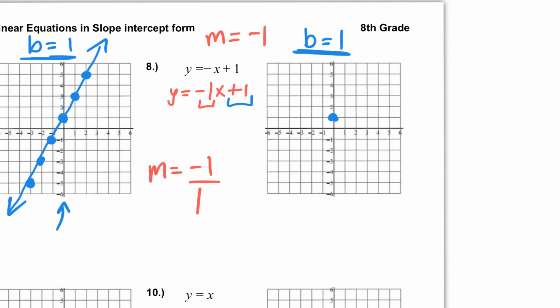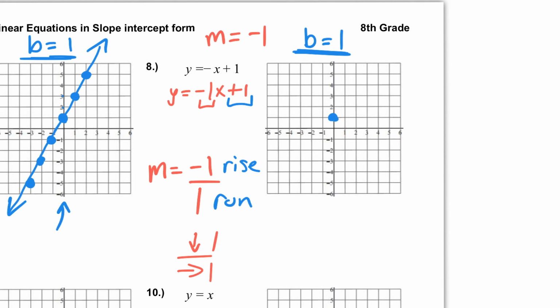So our slope is negative 1 over 1. Which is equal to negative 1, but it's just better to see when we have a rise here and a run. Okay. So negative 1 rise means we're going down 1. Remember, a negative is going down with our rise, and a positive 1 run means we're going right 1.